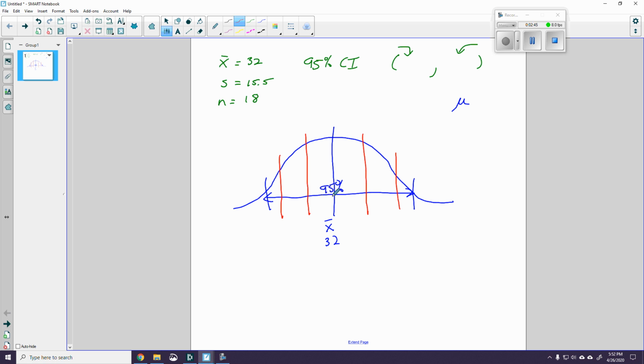And I made my 95% a little bit wider than the second standard error, because I know that if I'm looking for a 95% confidence interval, it's going to be a little bit beyond two standard errors, because the T distribution is wider than the Z distribution.